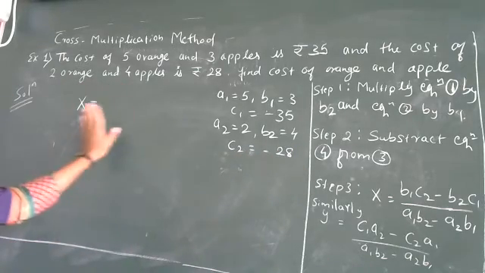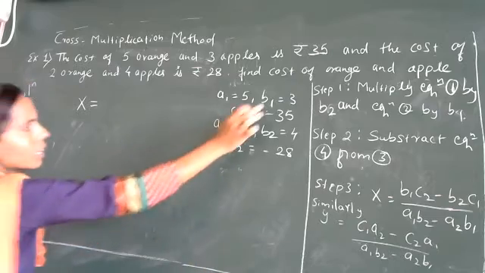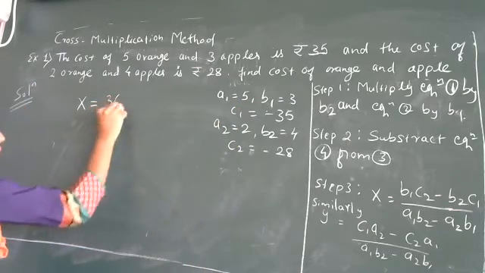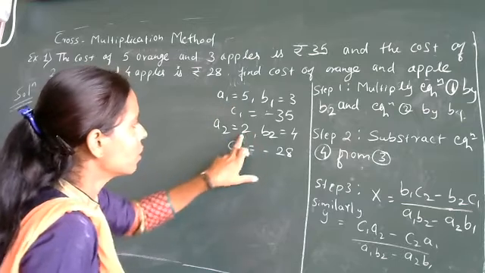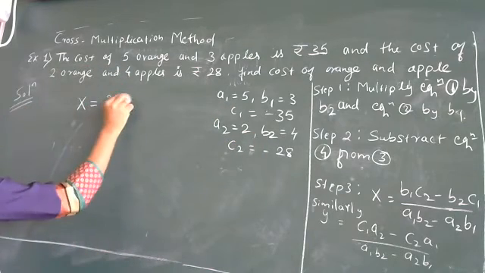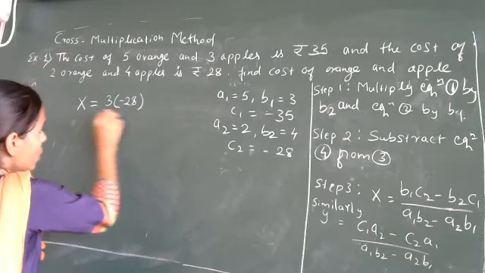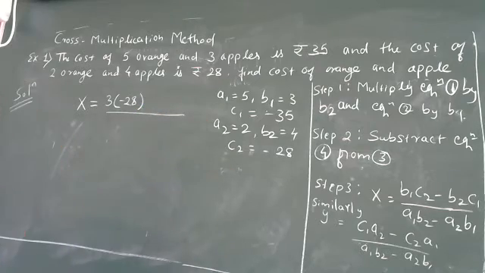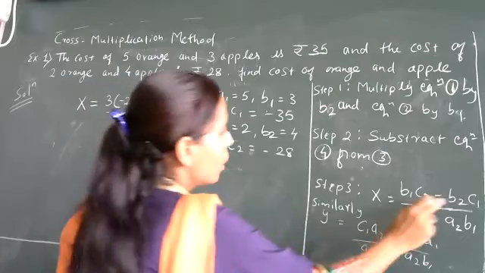Now these values we have to use here. As B1 is there, means what we have to take? 3 into C2. C2 means minus 28. Then addition or subtraction? Subtraction, as here it is given, minus B2.